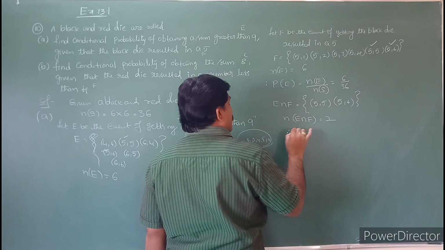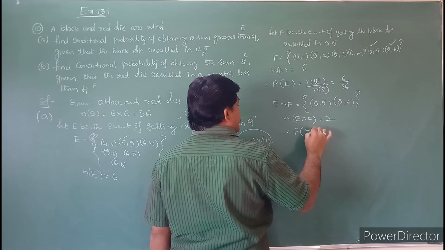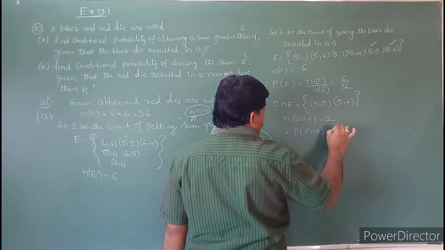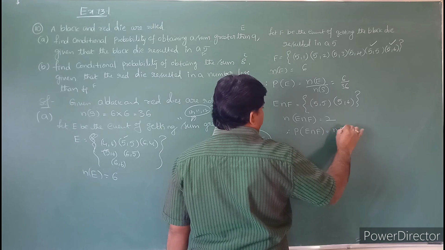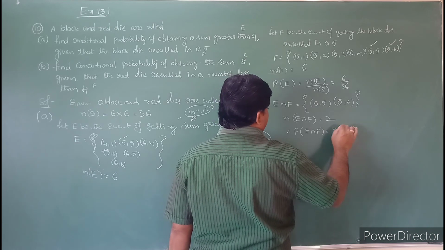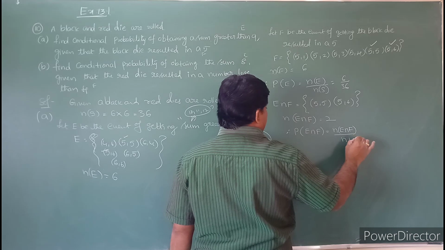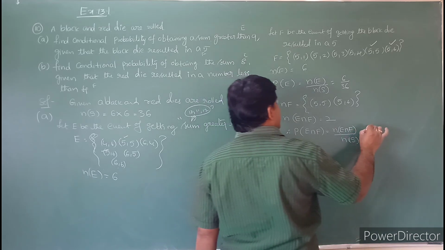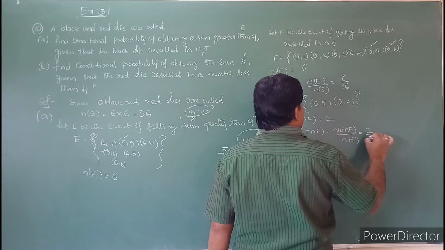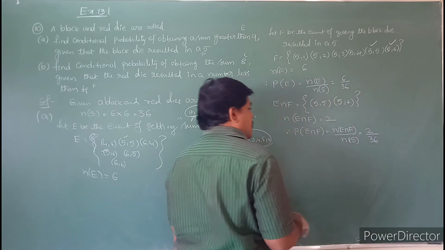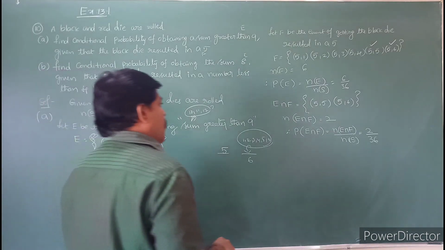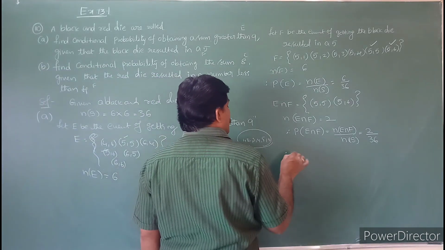Therefore the probability of E intersection F is n of E intersection F by n of S. That is n of E intersection F is 2 by n of S is 36. So what is the quotient?